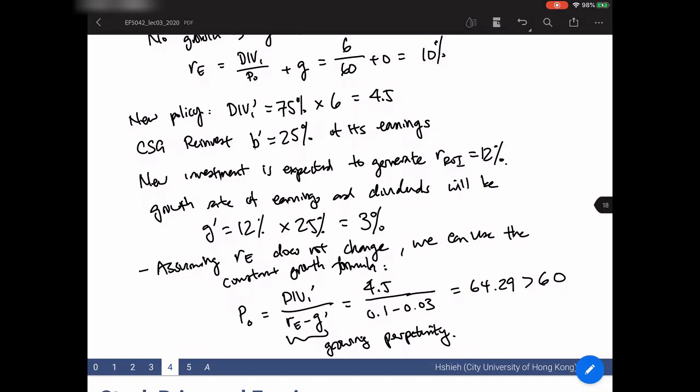So let's talk first about the price-to-earnings ratio, and it will be clear what this ratio represents and how it relates to the growing perpetuity model that I've shown you in this slide.